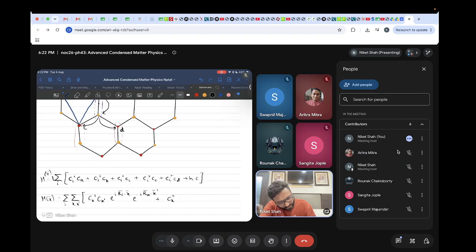Ck dagger Ck prime, e raised to the power of i Ri dot K, e raised to the minus i Rb dot K prime, plus Ck dagger Ck. The K minus K prime will go away for this case. So there will be only, or maybe I'll do it just to show you, Ri dot K minus K prime.